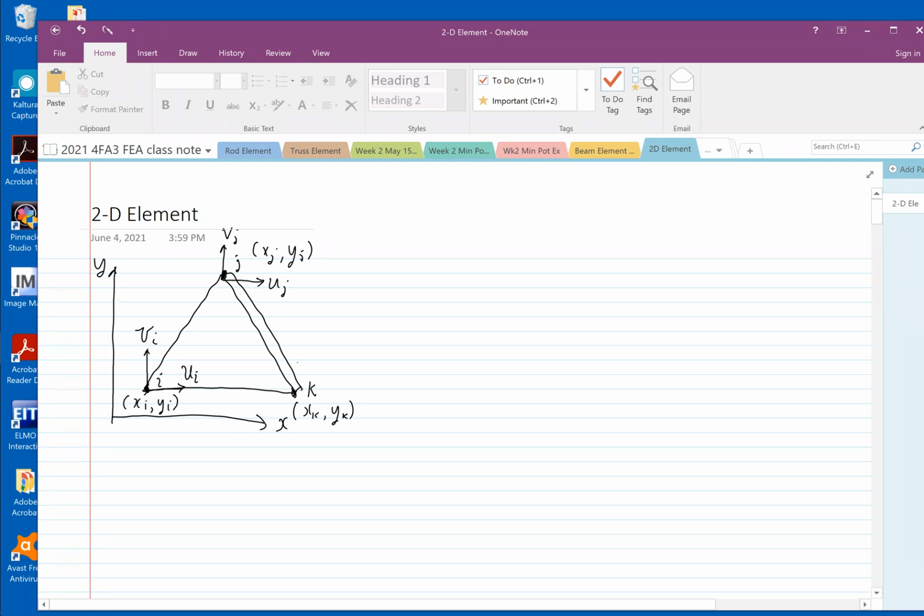How you name it doesn't matter, but usually this is how I do it. Anything moving along x, I call it u. Anything moving along y, I call it v. Uk and vk. So this is one element, 3 nodes. But how many degrees of freedom? 6. Now here's the displacement vector: ui, vi, uj, vj, and uk, vk.